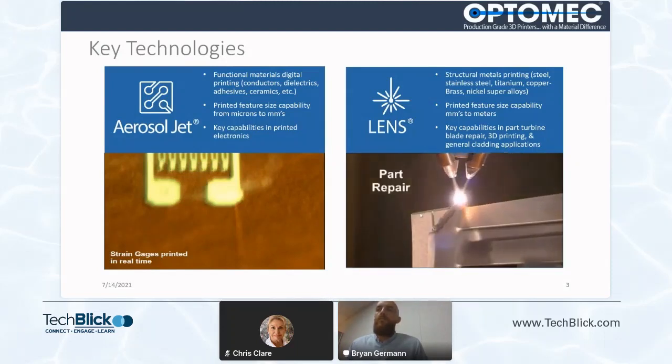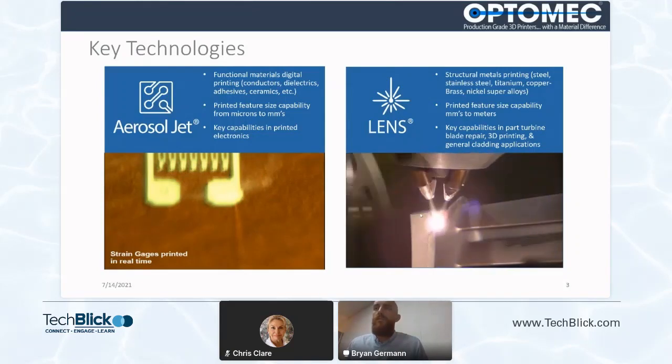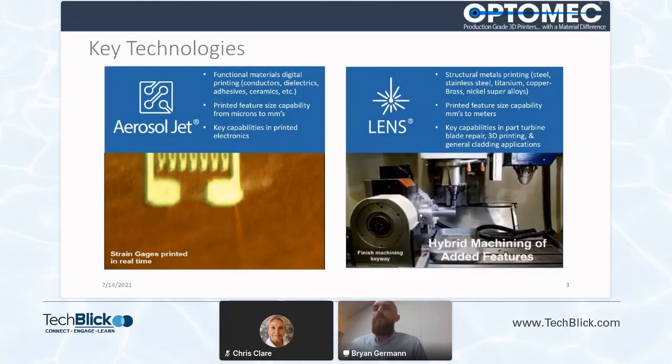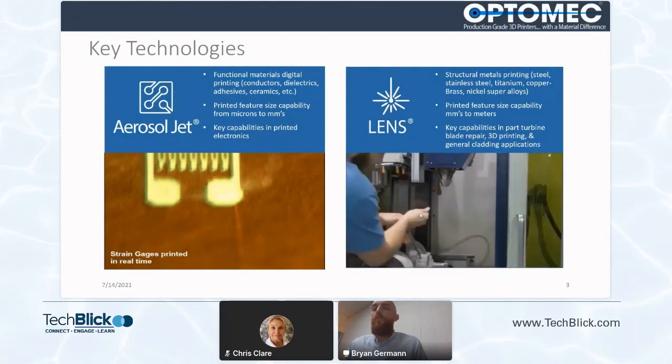LENS is a structural metal printing technology where we're printing metals like steel, stainless steel, titanium, copper, brass, and superalloy materials for turbine blade repair, which is a large part of our business there. We're the only manufacturer of controlled atmosphere hybrid DED systems in the world.